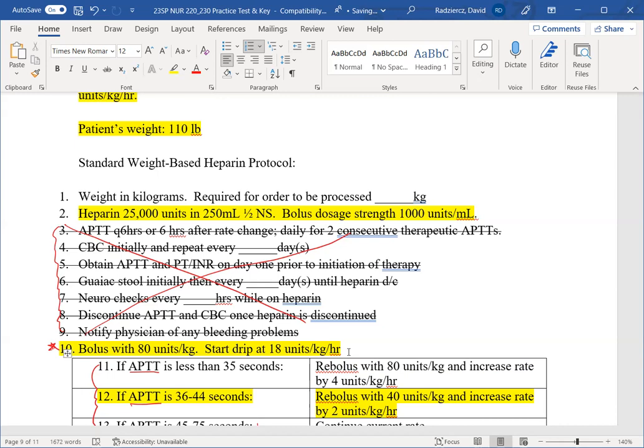But with dosage calculation, we're only concerned about some of the components of the Heparin protocol, which is why sometimes when you first look at this, it looks very overwhelming, right? It looks daunting. So I'm going to show you how to navigate this problem and hopefully help you reduce your anxiety when you look at it and be like, oh, okay, this is what it is.